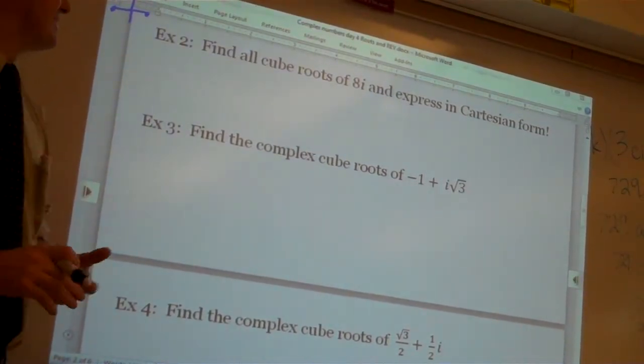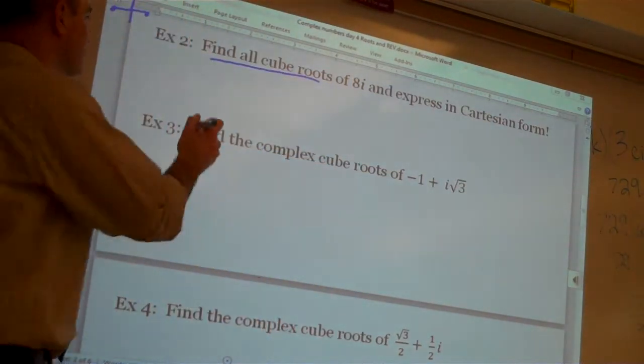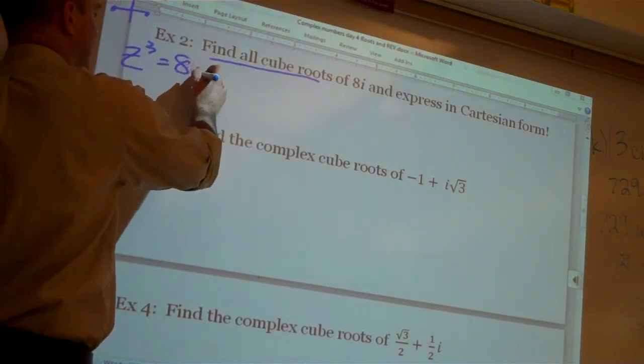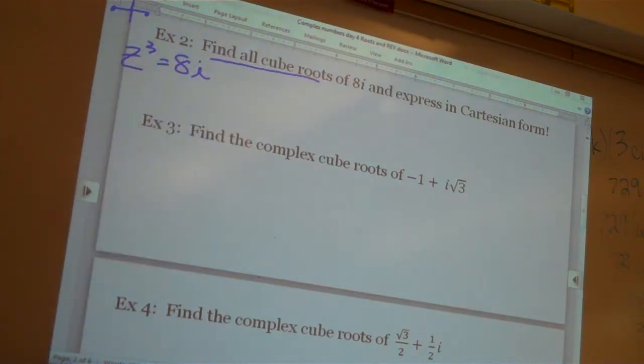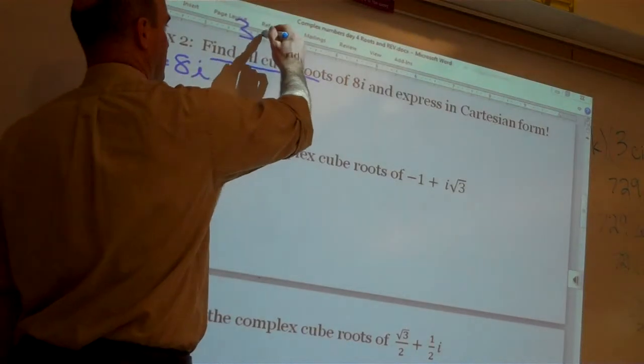Now what's going to happen is, if it asks us for all cube roots, really the equation that is being set up is z cubed equals a number. And in the complex plane, a cubic will always have 3 solutions.